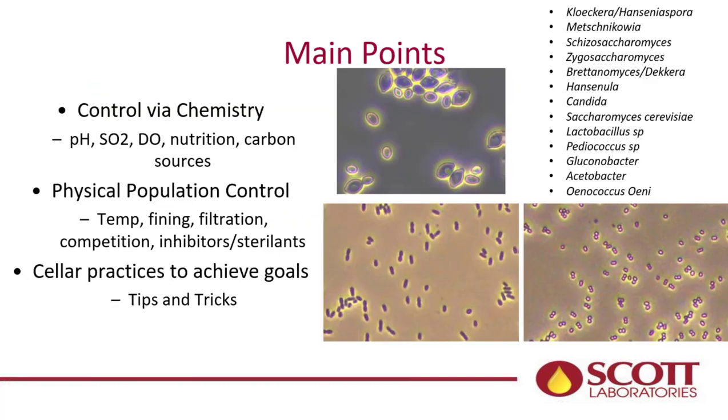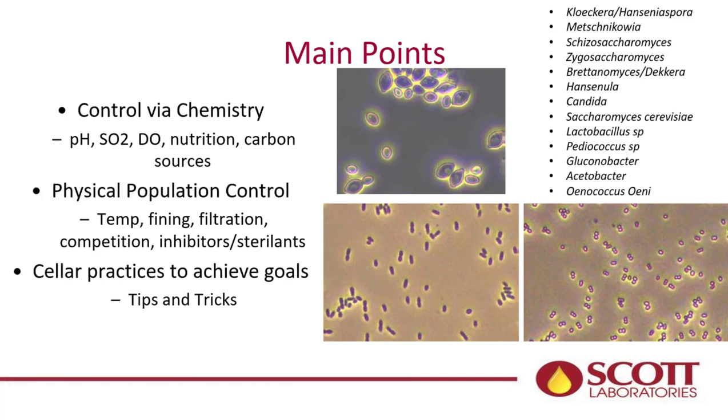So our main points: we're going to look at controlling these microbial populations via chemistry, i.e. controlling pH, SO2, dissolved oxygen, and nutrition. This would primarily be nitrogenous sources as well as carbon sources.